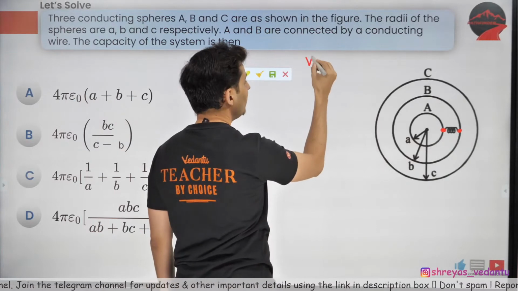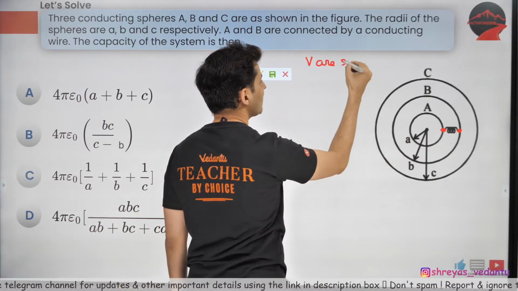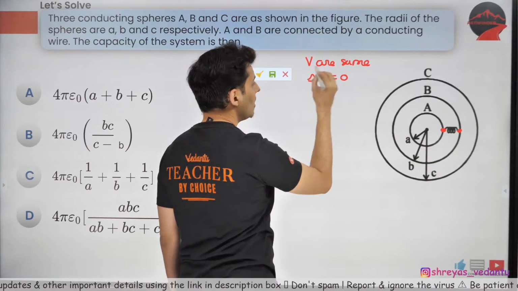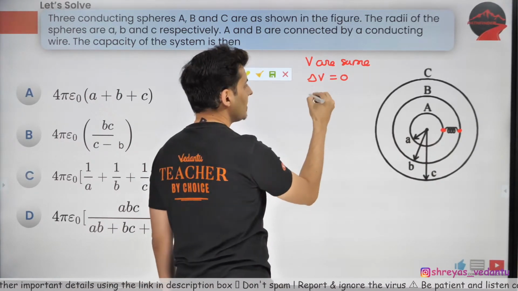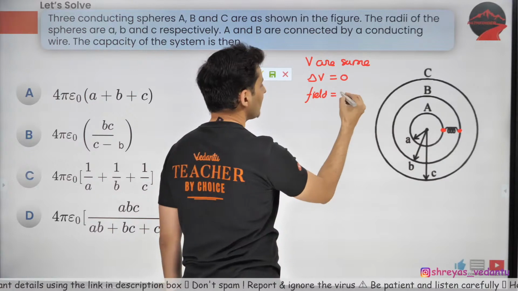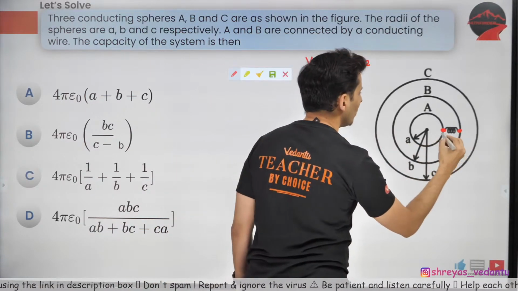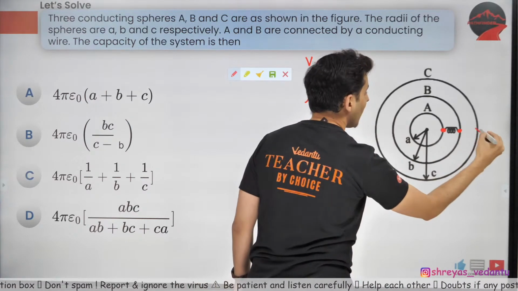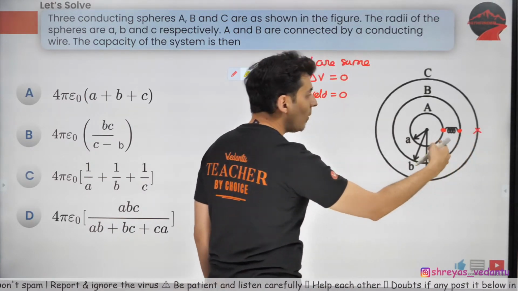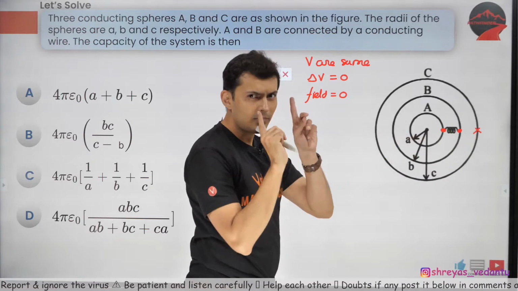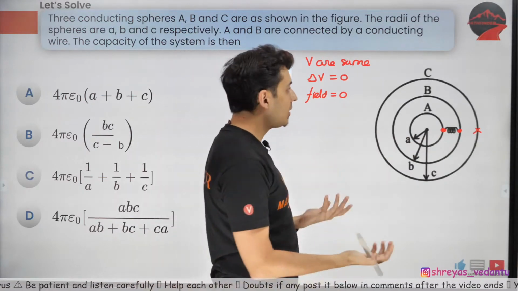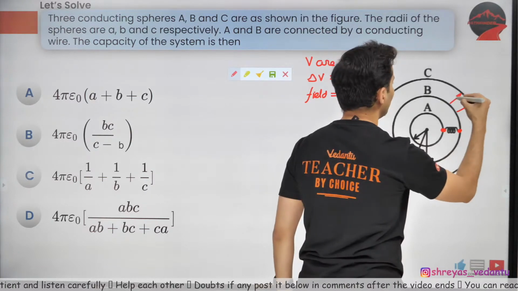If potentials are same, that means potential difference is zero. If there is no potential difference, the field is zero. So there is no field here, but there is no wire between this and this. If there is no wire between B and C, that means their potentials are not same. If their potentials are not same, that means there will be field between them.